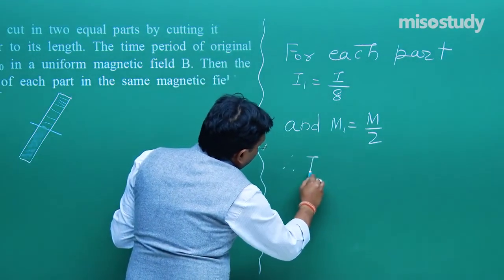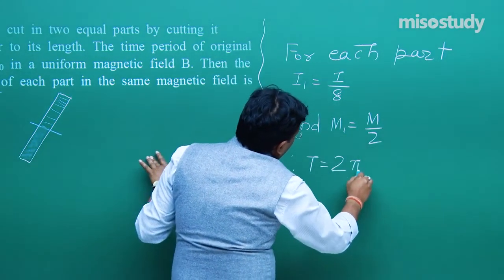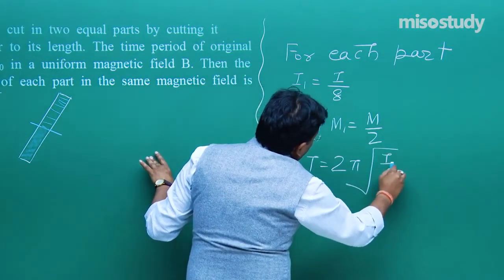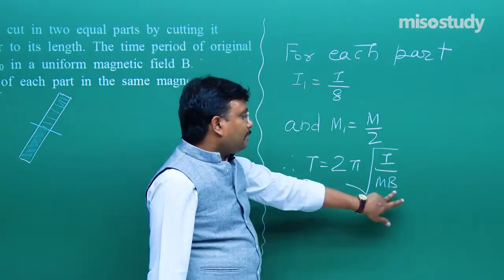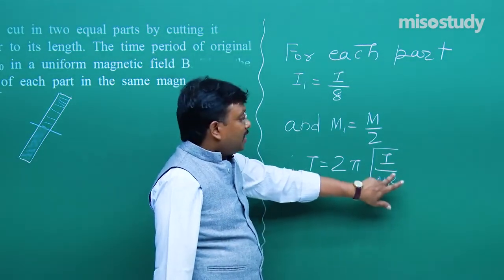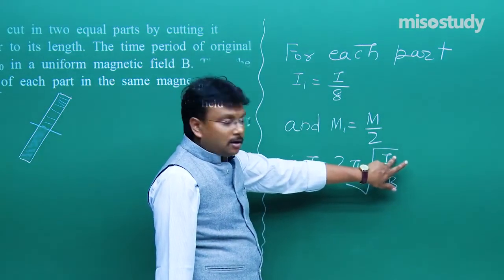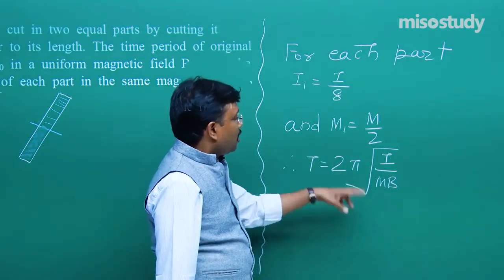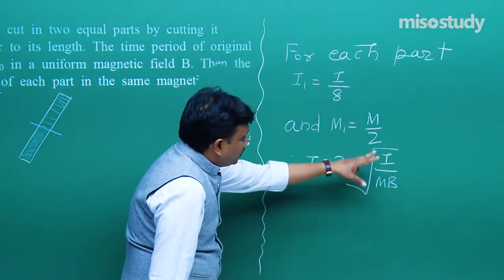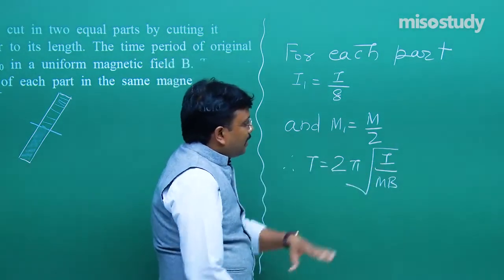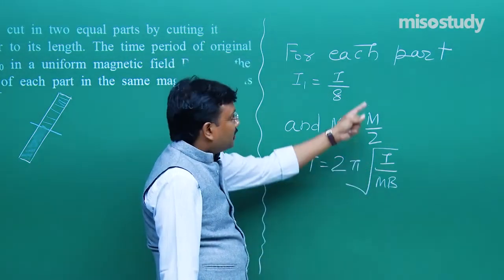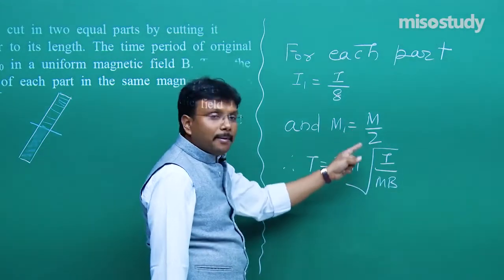Therefore, T is equal to 2 pi under root I upon MB. Is it like that B is changing? No. Is it like that I is changing? Yeah. M, of course. So now you have to use this relation twice. Fine. I1 every time is going to be I by 8, and M1 is M by 2.